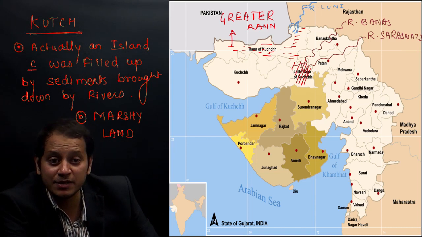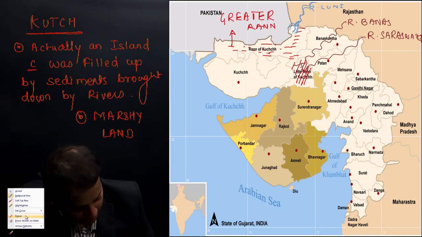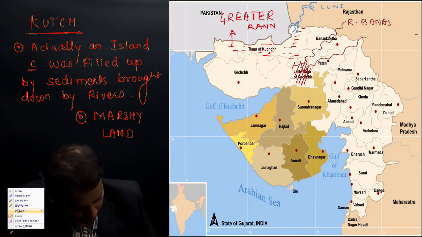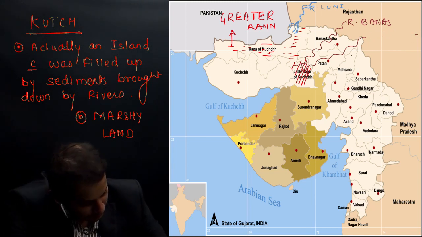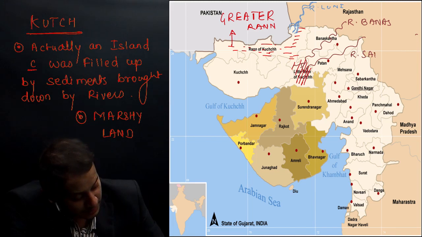We have river Saraswati which is also draining into the Run of Kutch region. I will write the spelling again. We have river Saraswati. R. stands for river, and river Saraswati.